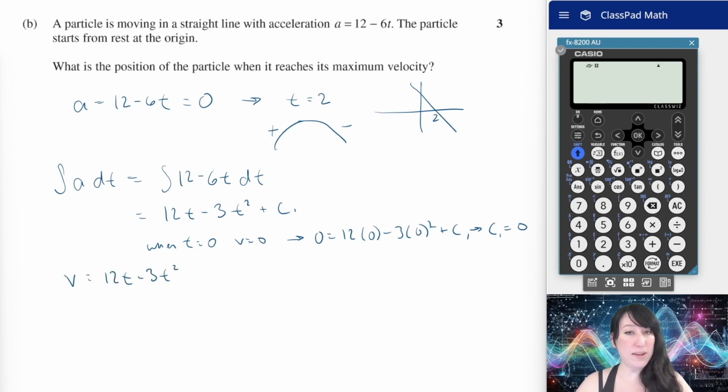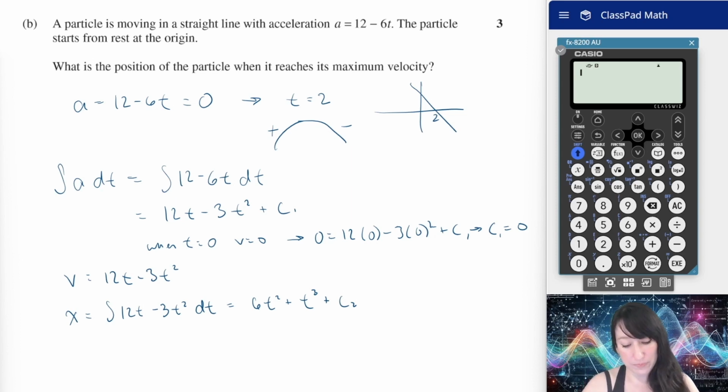Now position will be the integral of velocity. Now the particle starts at the origin, so when t is 0, the position is 0. So when t is 0, x is 0.